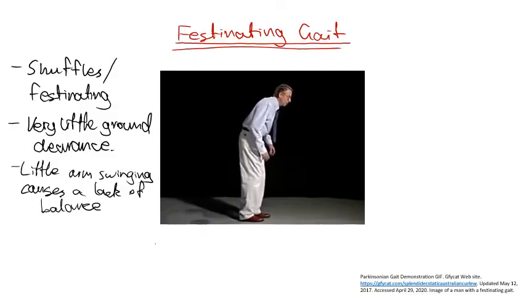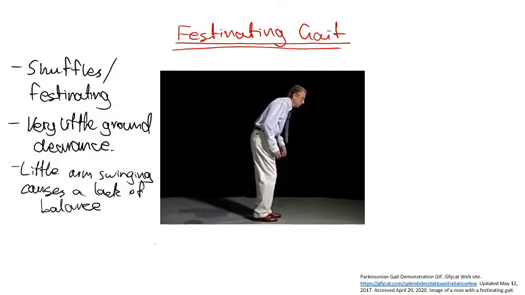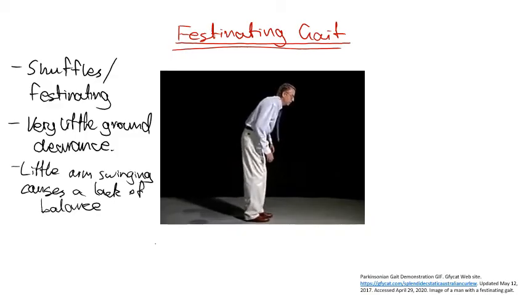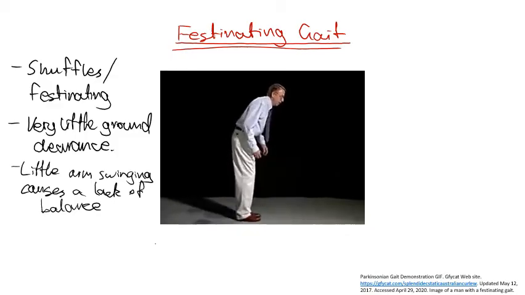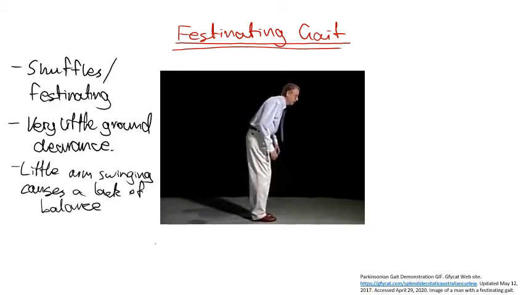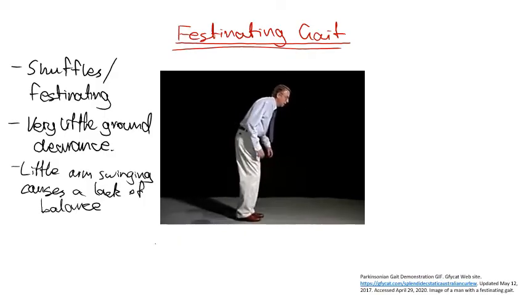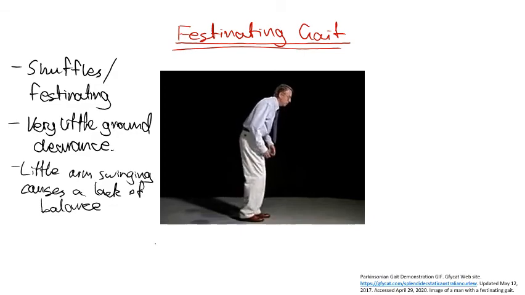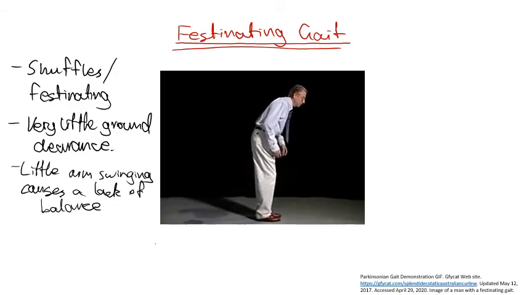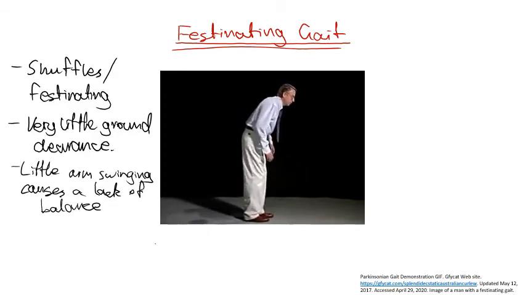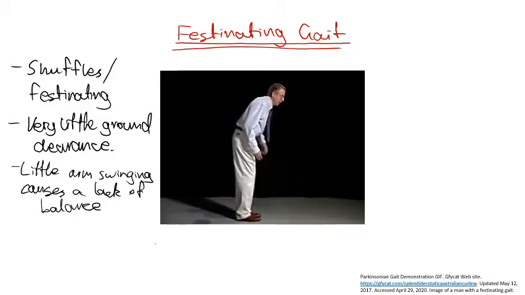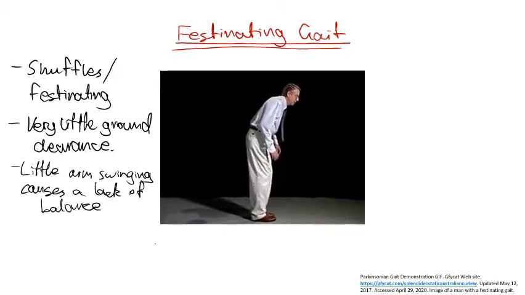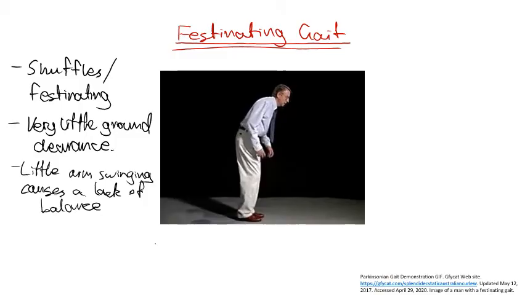And the key thing to also remember about this type of gait is that since this person is unable to clear the ground effectively, even small objects such as maybe sticks on the ground are able to allow for people to feel unsteady and possibly fall. And this is a very dangerous aspect of this type of gait, because usually we see Parkinson's disease manifest in older people.